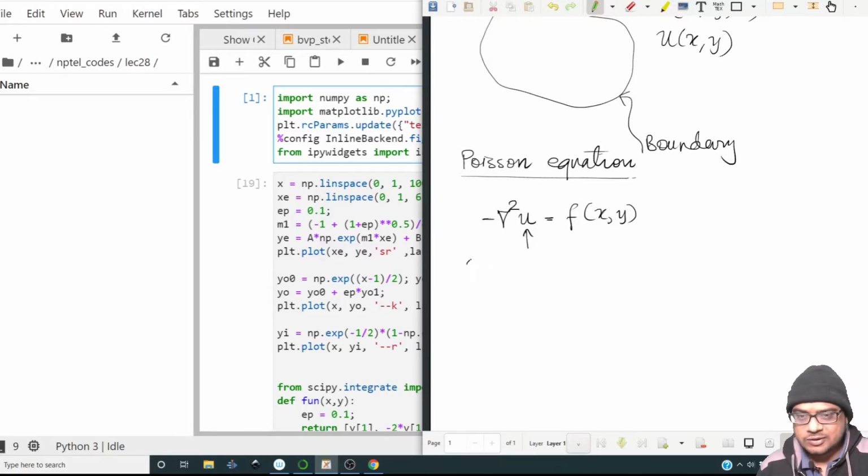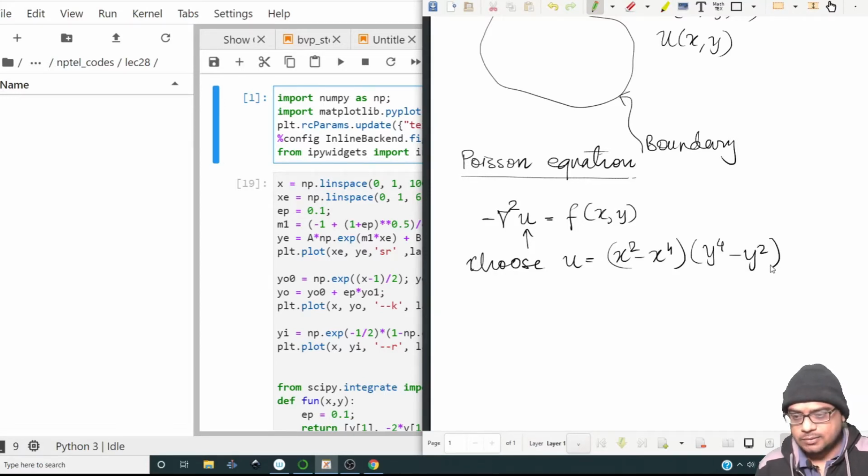So what we'll do is, let us choose u as (x square minus x to the power 4) times (y to the power 4 minus y square). So this particular function is the solution of which equation, where we're doing a back calculation?